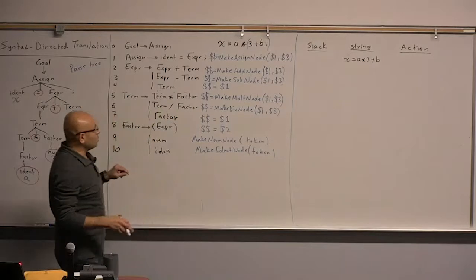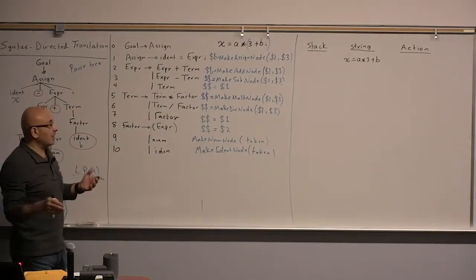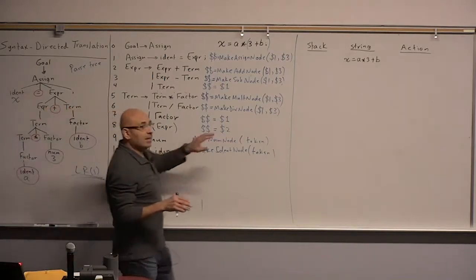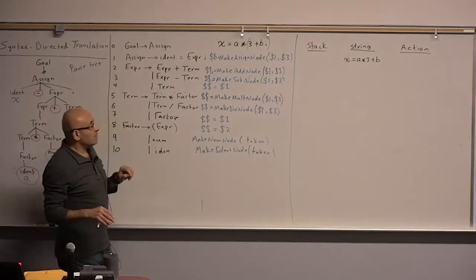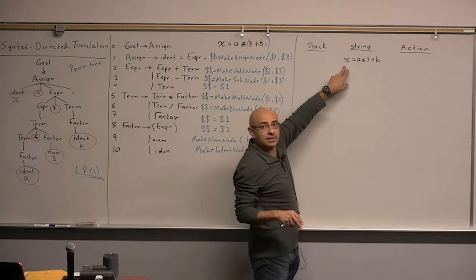Now we will not show the building of the LR1 tables and all of these details, but we will assume that we have an LR1 parser that is working correctly on this. So what will be the first step here? Shift.